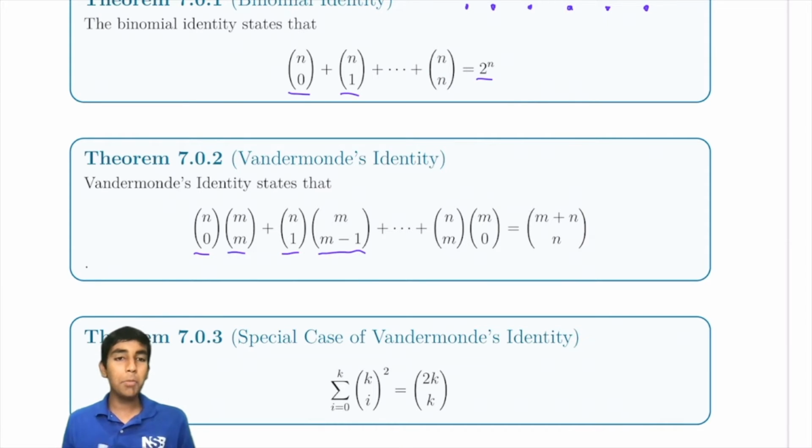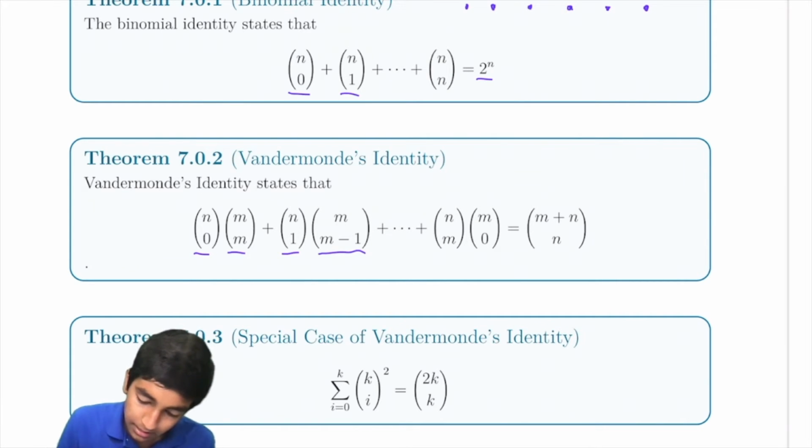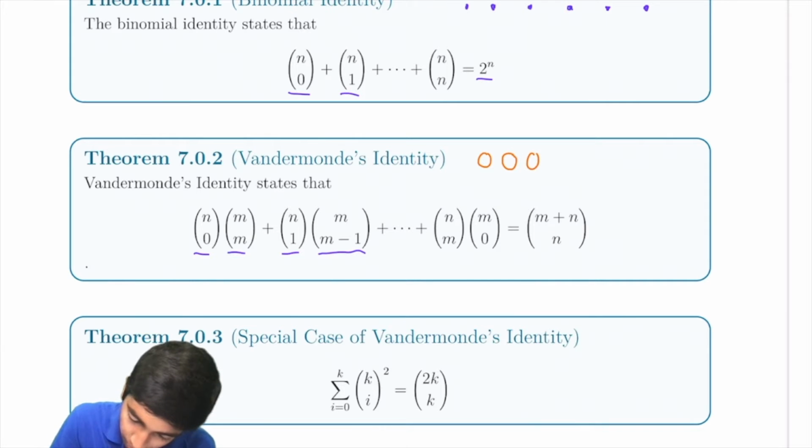Now I know this was probably a nightmare to memorize. So let's see where this actually comes from. Basically, let's say that we're trying to select from m plus n objects. Let's say we have m red balls and n green balls.